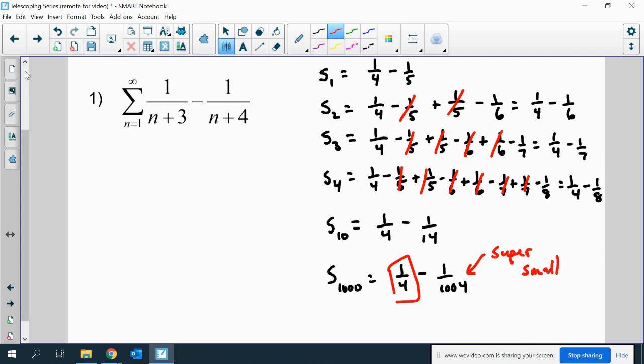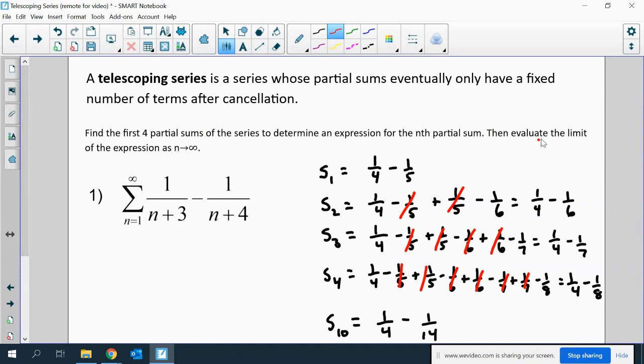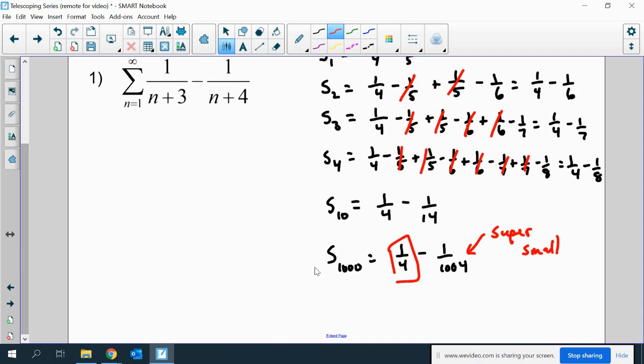So what happens as I take the limit of this as n goes to infinity? The limit of this as n goes to infinity is actually what is really happening as I plug in infinity. What am I going to get? Well, I would get 1 over 4 minus 1 over basically infinity, right?